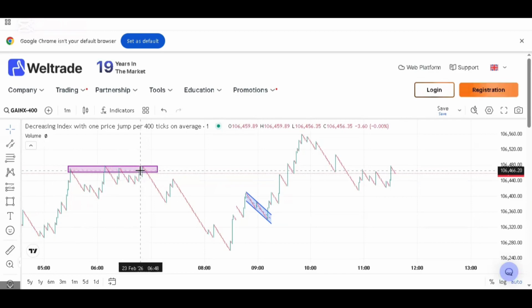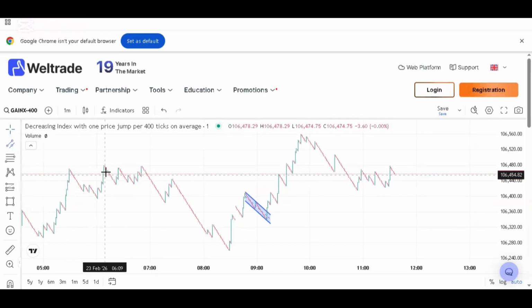So in the event that you want to use price action, we cannot use price action here. Why? Because this zone has got a lot of resistance. For instance, I'm going to show you something. Let's draw another parallel channel here and show you what I'm trying to elaborate.